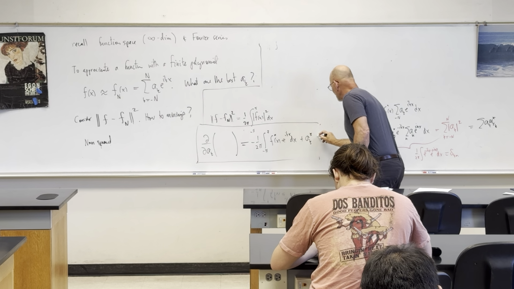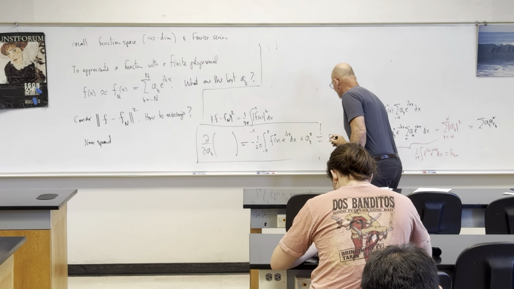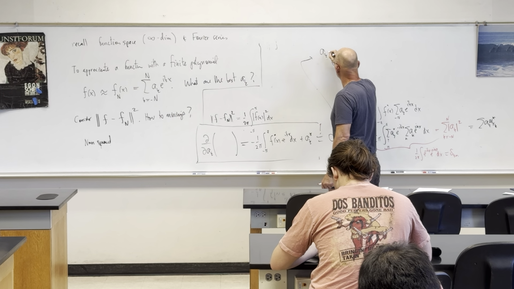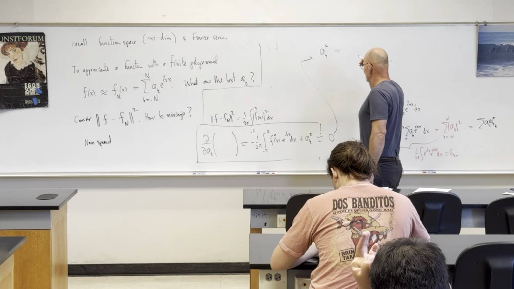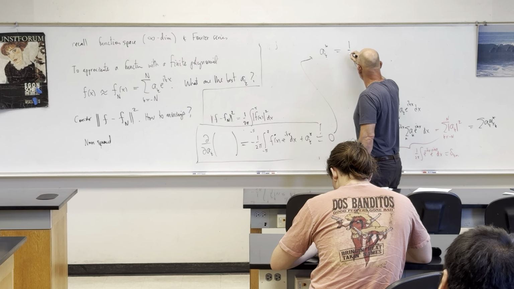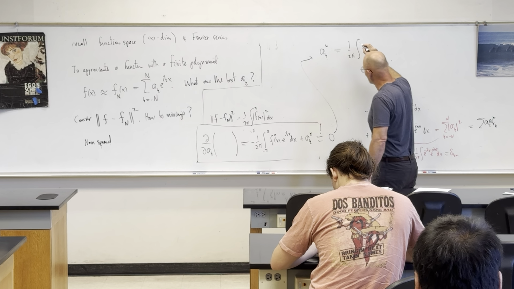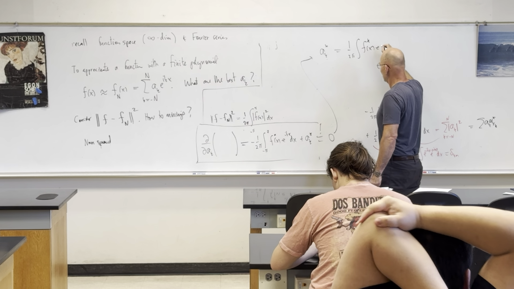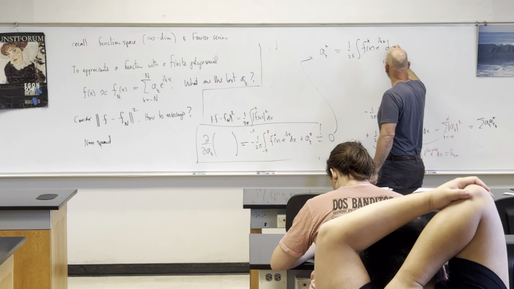So equals 0, exclamation, and then we get a sub k star is equal to 1 over 2 pi integral f star of x e to the i kx dx.